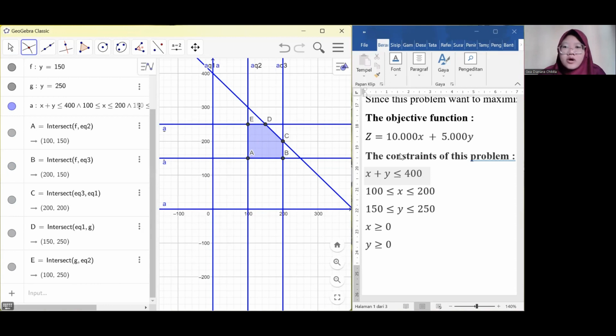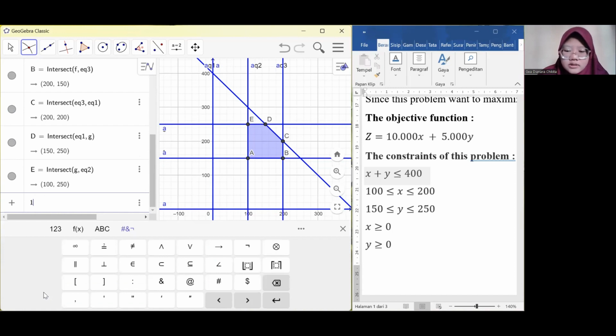Okay, next we use the objective function to determine which vertex has the optimum value. We write it here: 10,000x + 5,000y equal to k.